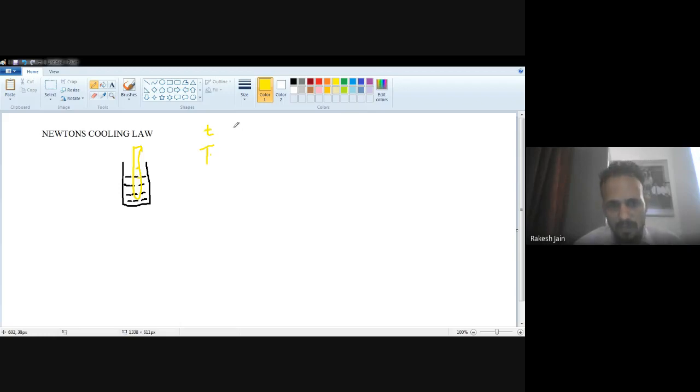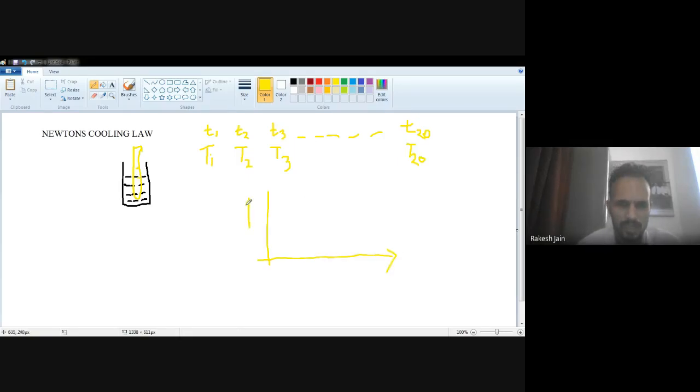So after some time, let's suppose at time t1 the temperature is T1, at time t2 the temperature is T2, at time t3 the temperature is T3. Continuously you take 10 to 20 readings. Then the temperature will continuously decrease, so you will find a graph.